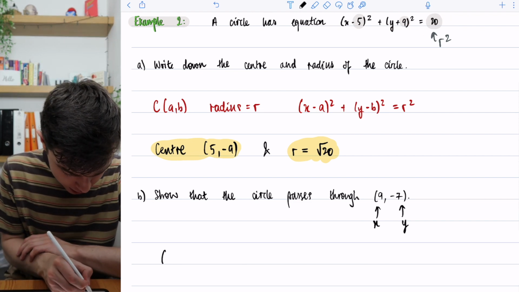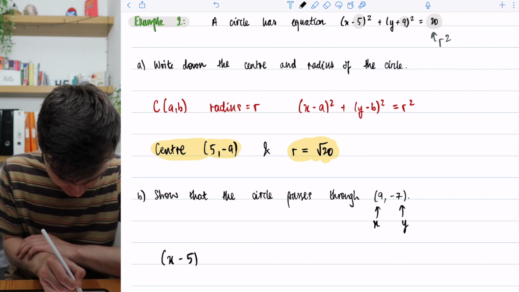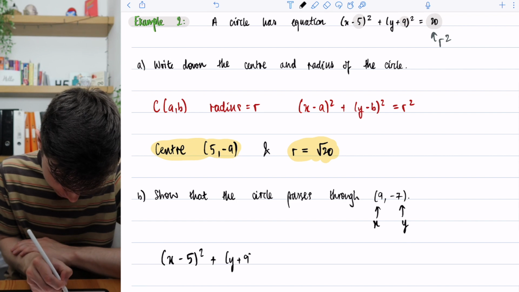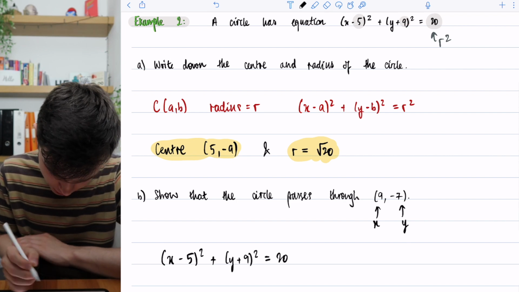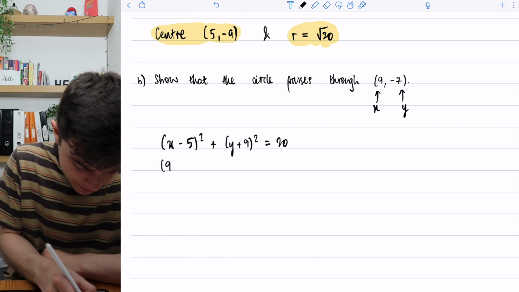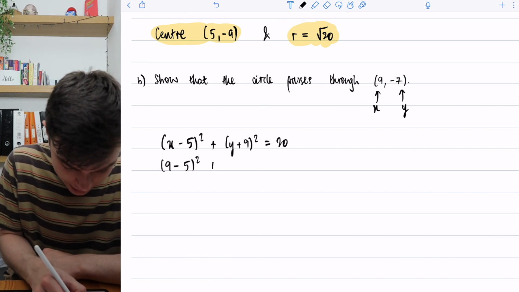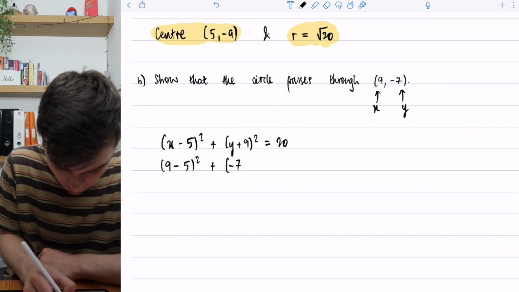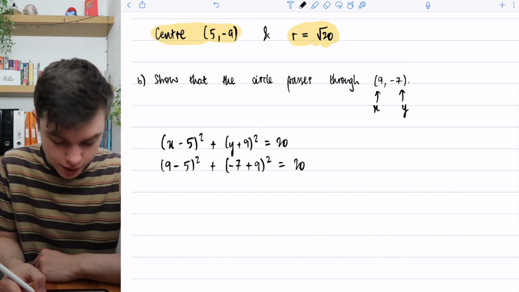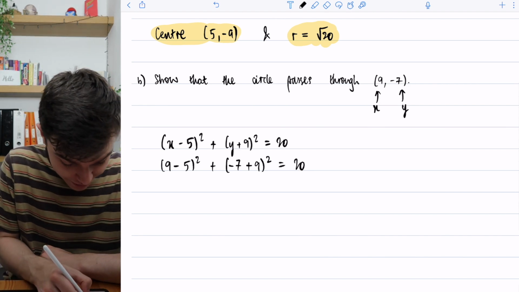Okay, so let's write down the equation. We've got (x minus 5) squared plus (y plus 9) squared is equal to 20. Okay, substitute our x value in of 9. (9 minus 5) squared plus our y value of minus 7 plus 9, all squared, is equal to 20. 9 minus 5 is 4.